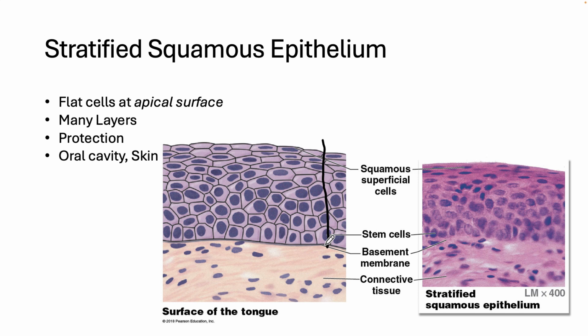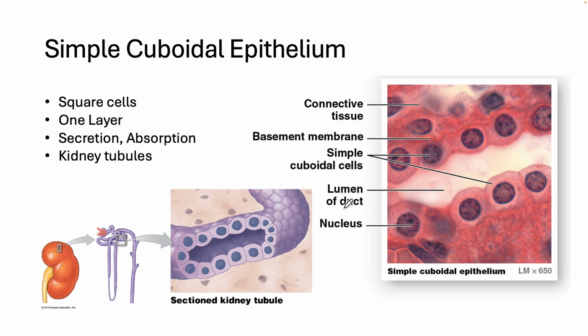So the function here is really for protection. You're going to find this in areas where there's a lot of abrasion and a lot of friction, so that even if you lose the top 4 or 8 layers of cells, you've got some cells underneath that are still protecting the tissues underneath the epithelium. So places like the oral cavity or your skin.